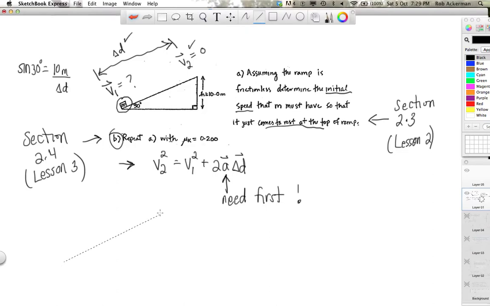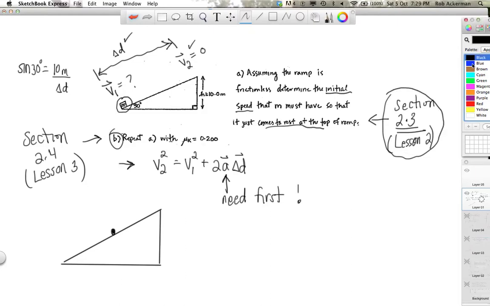So let's just draw this inclined plane one more time. We've got a mass sitting on there. Now thinking back to section 2.3, where we talked about inclined planes, that's where you learned a number of important things about this problem.